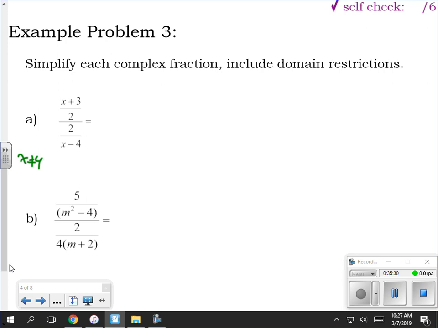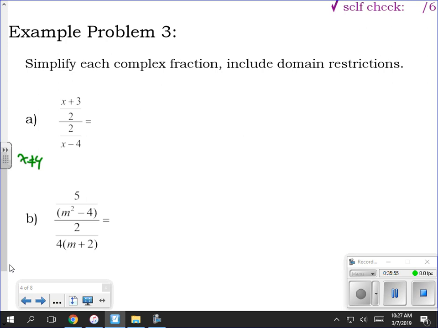Now, here's the thing. I don't like fractions divided by fractions. Nobody likes them. So here's what we're going to do. We have a compound fraction. You get rid of the compound fraction. Make the denominator of the big fraction 1, so you'll have something over 1.